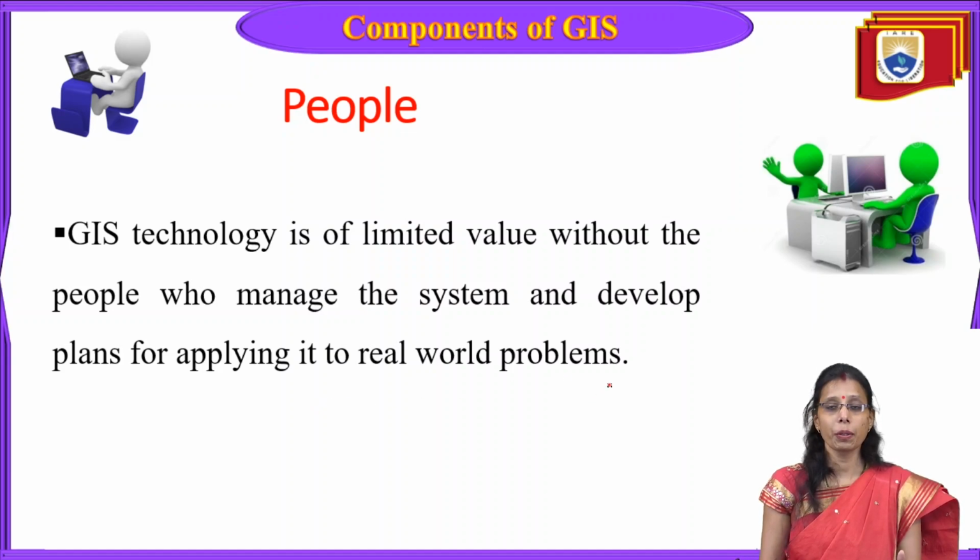If the people are not there, if they don't apply real-world problems by using the GIS hardware and software, then there is no use of GIS. So it is also a very important part of the GIS components that there should be people to use this software or hardware.